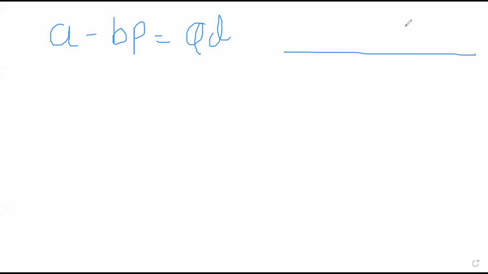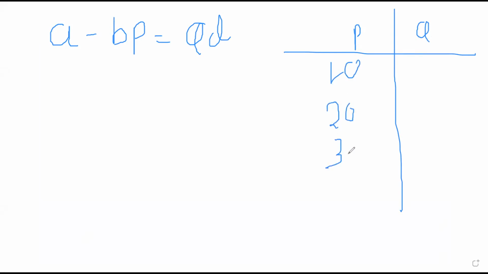Maybe given the schedule as price and quantity, we'll refer to the previous example again: 10, 20, 30, 40 likewise.